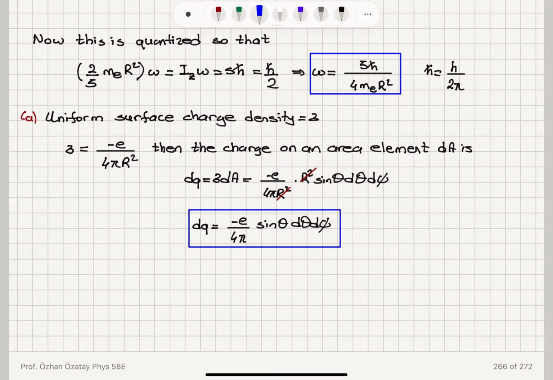Okay, now we can calculate the current due to this charge. The current due to dQ will be dI.